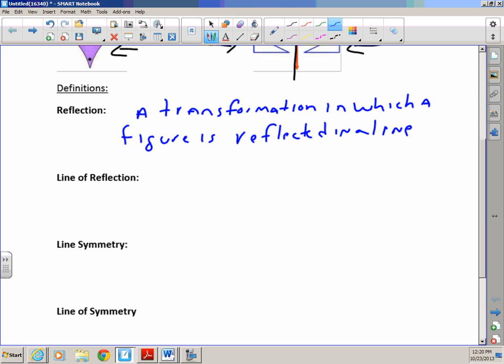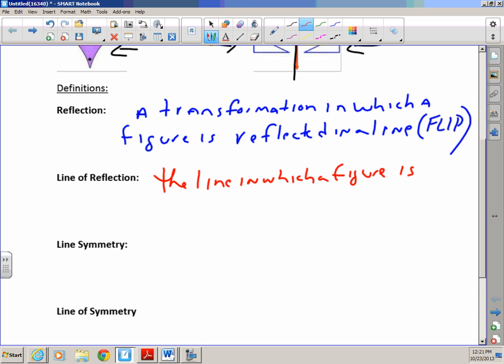And the key word we use that is easily understood is flip. The line of reflection is the line in which a figure is reflected. We have to tell you a line so that it gives you some guideline as to how that is going to occur.